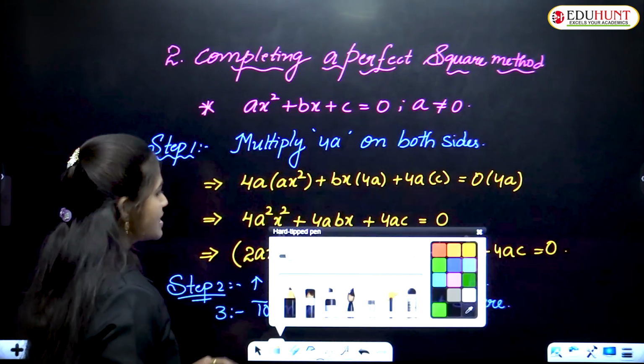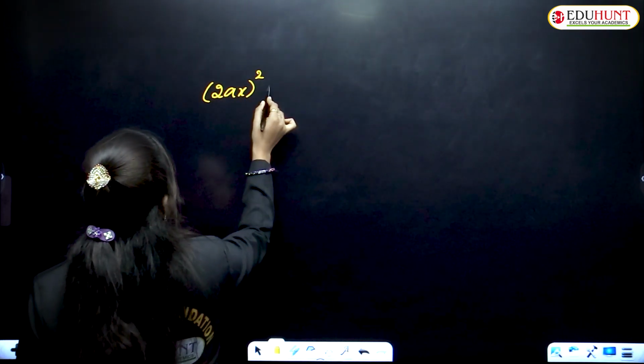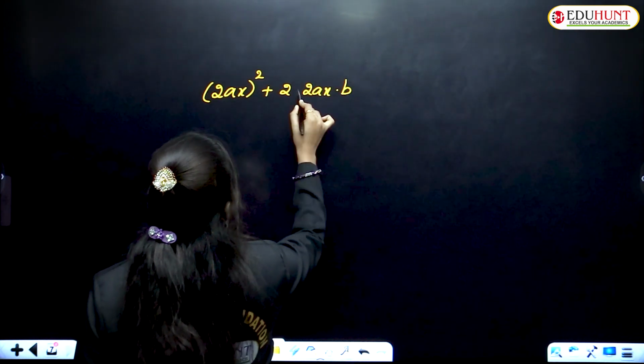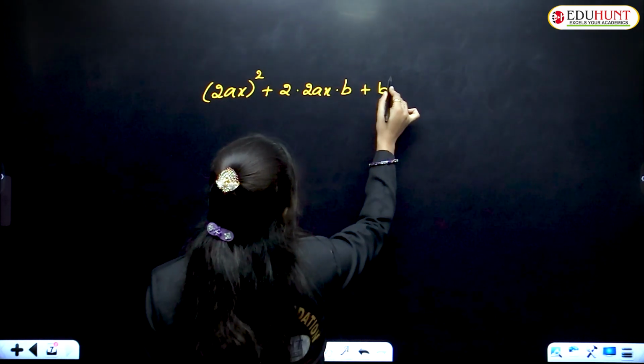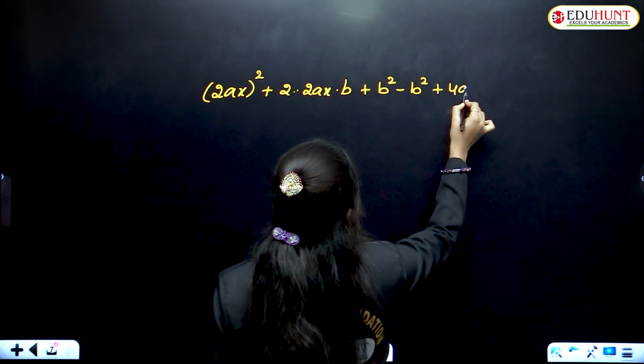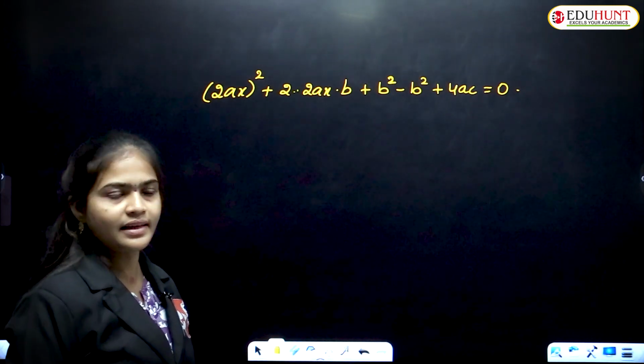So in that next step, 2ax whole square, again I am writing 2ax whole square plus 2 into 2ax into b plus b square minus b square plus 4ac is equal to 0. The previous step I have written again.